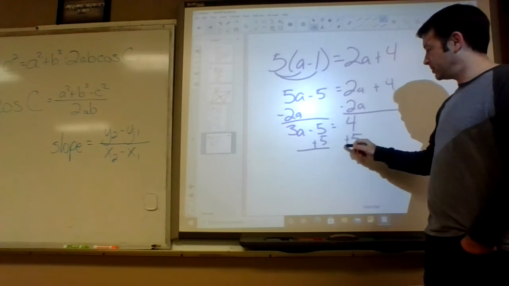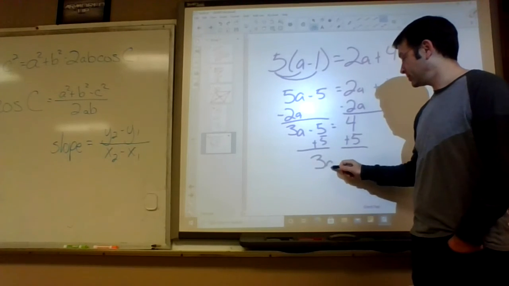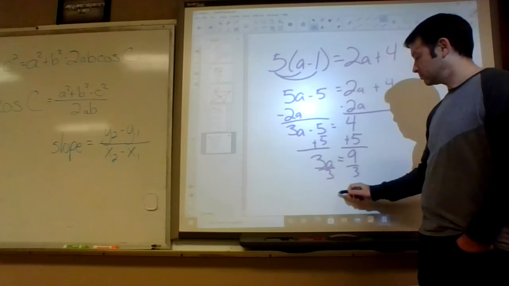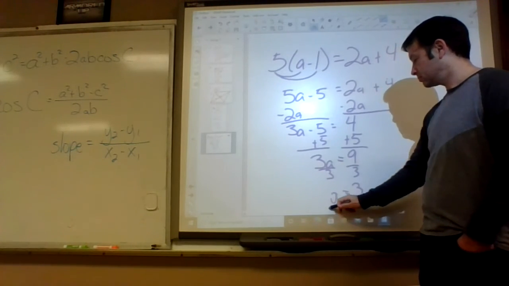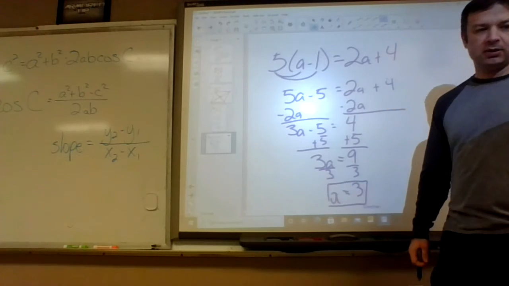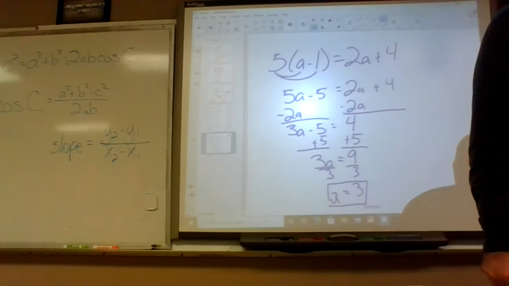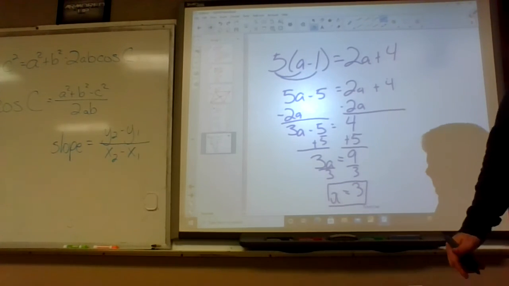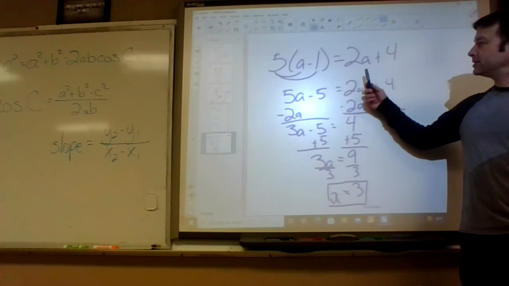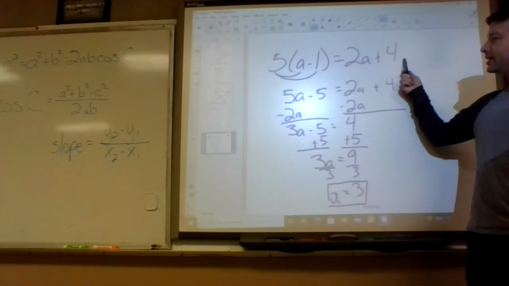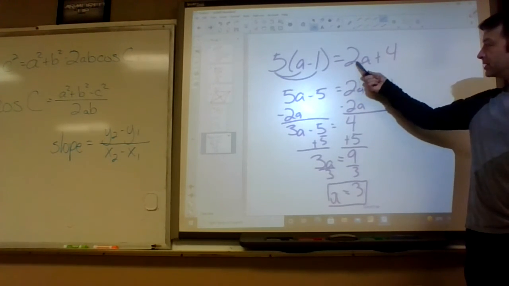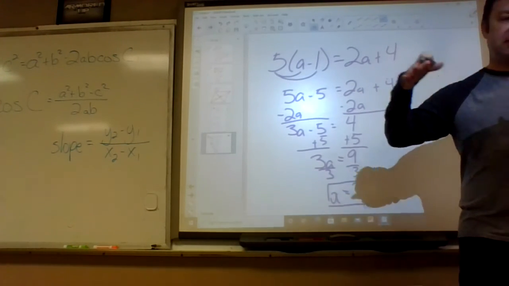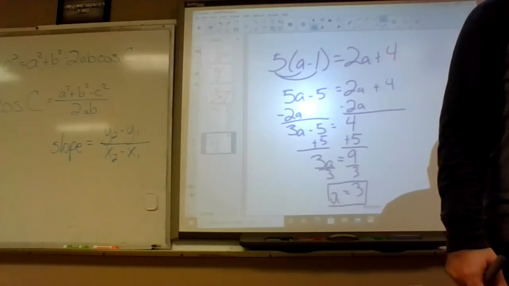Probably good so you don't forget all your algebra skills for next year. Okay, a is not really what they're looking for. They want UW. UW is the whole diagonal. This is half the diagonal. So 2 times 3 plus 4 is 10. If half the diagonal is 10, the whole diagonal is 20.